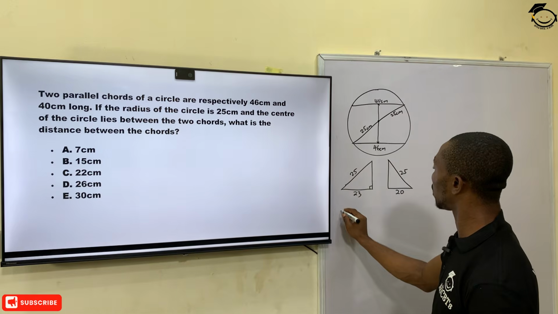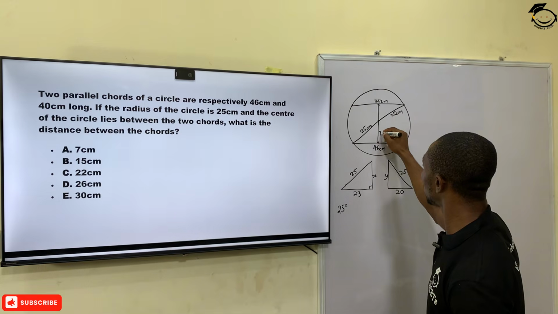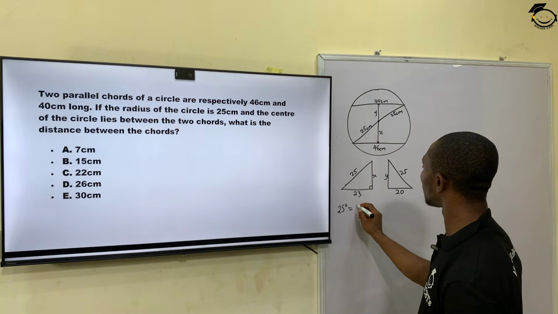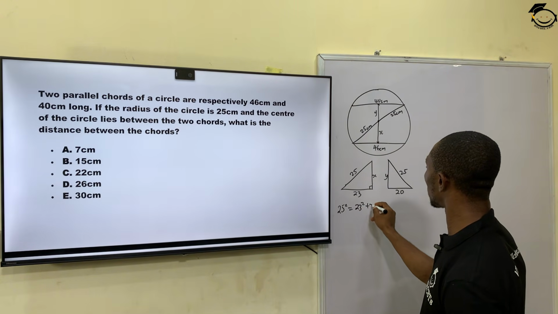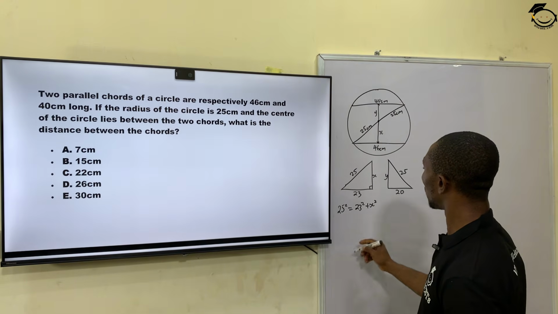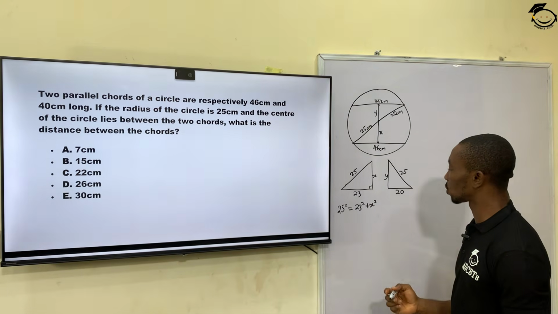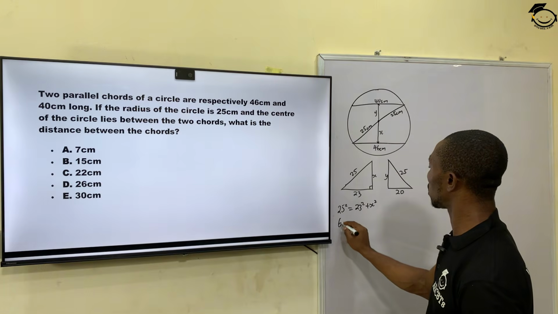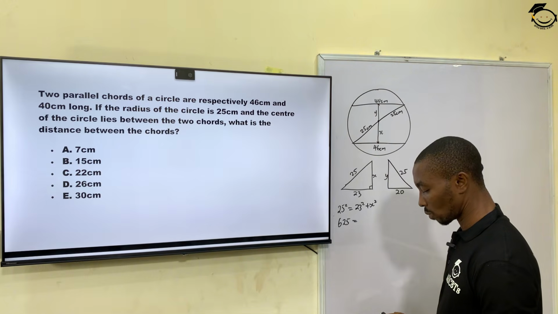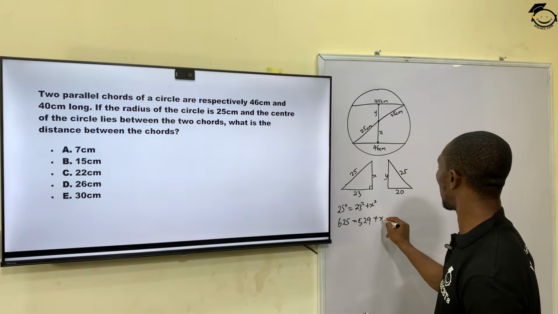Now, from here, we are going to apply Pythagoras theorem to both of them. Let's call this x and y. So this is x, this is y. Now, 25 squared equals 23 squared plus x squared, applying our Pythagoras theorem that says that hypotenuse squared equals the sum of opposite squared plus adjacent squared. So this gives us 625 equals 529 plus x squared.